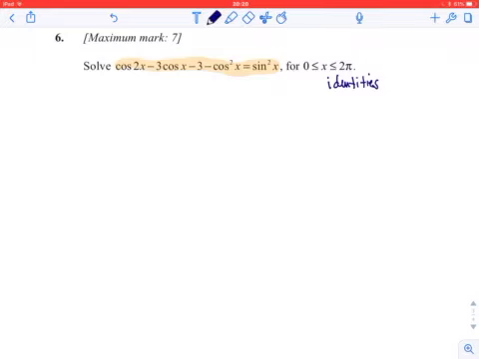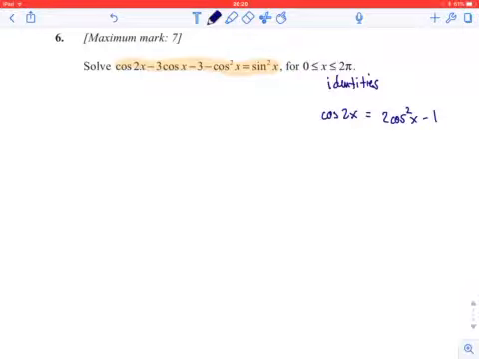So the first one that you might think about is cosine of 2x. Now, one really useful identity for cosine is that cosine of 2x is equivalent to 2 cosine squared of x minus 1.